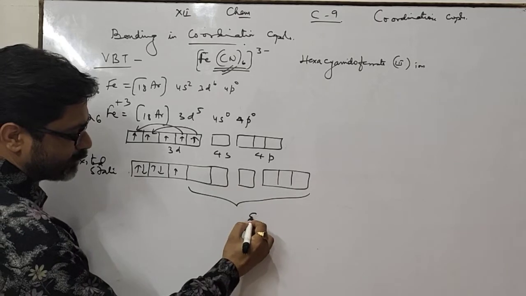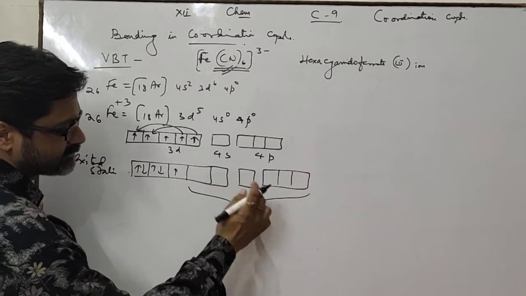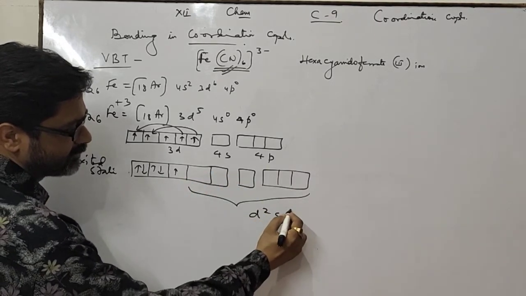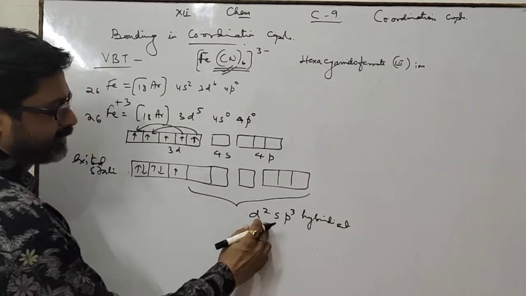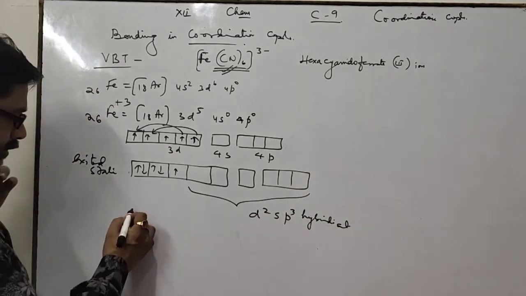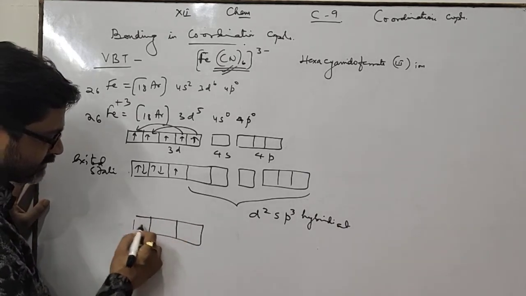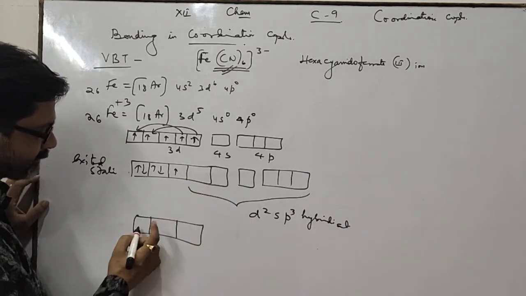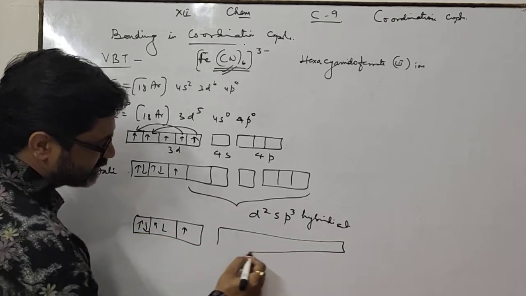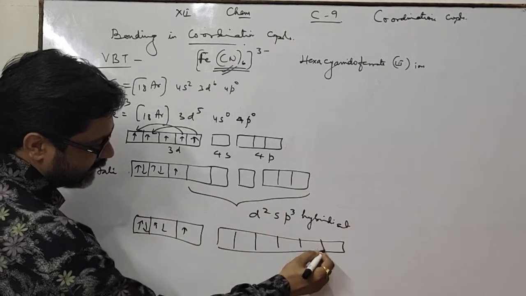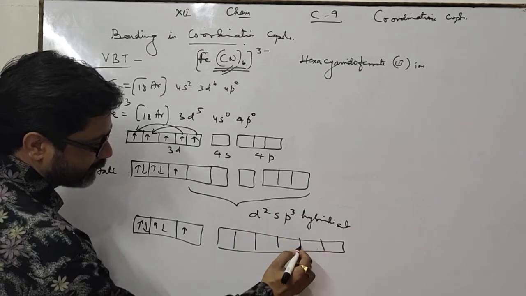They get hybridized together, 2 d orbitals, 1 s and 3 p orbitals, which means the hybridization will be d2sp3 hybridization. Now these 3 orbitals get separated from this in this way, and these 6 orbitals like this, 1 2 3 4 5 6.